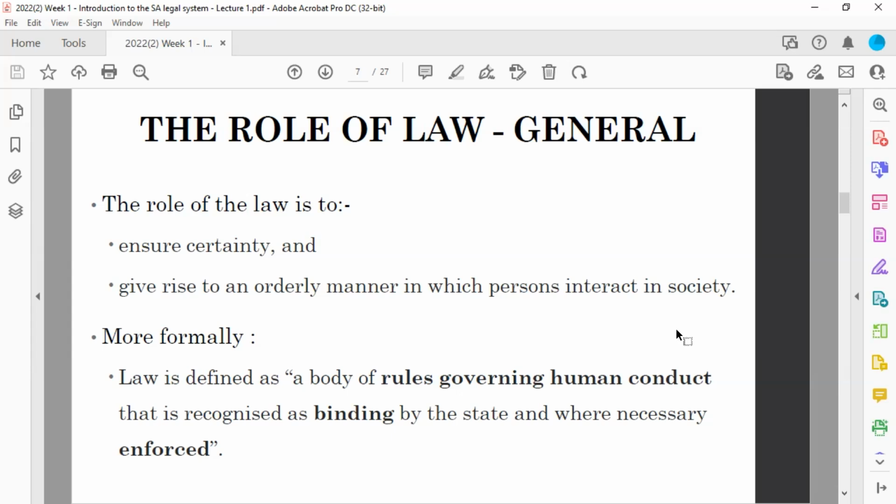It is enforced by the state. So if you break those rules, there will be consequences. Either you might be charged criminally with an offense, or you might be found negligent and have to pay damages or something like that. Right. So a body of rules governing human conduct that is recognized as binding by the state and, where necessary, enforced.